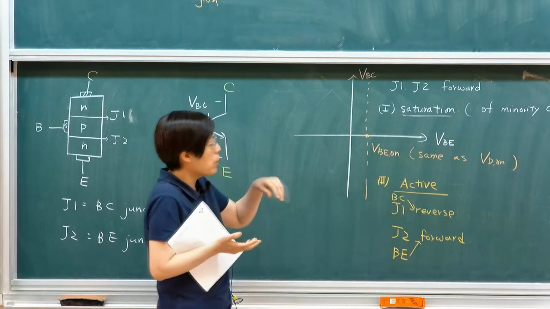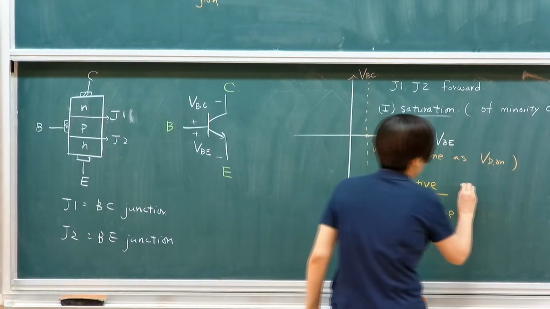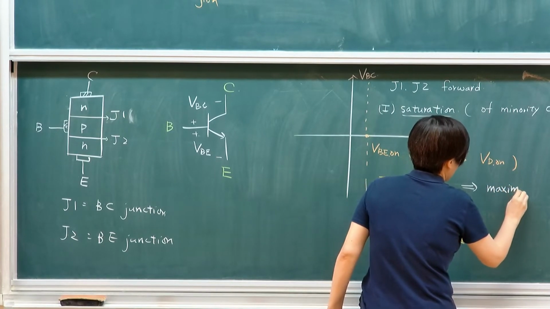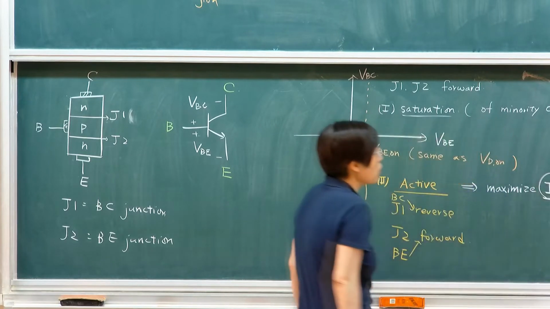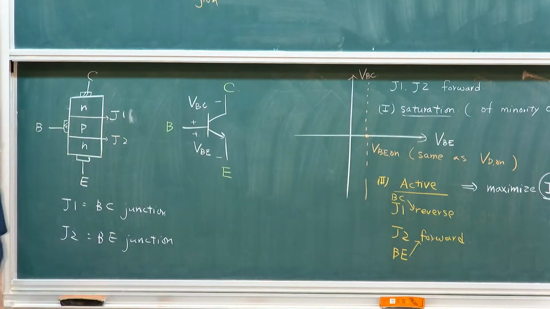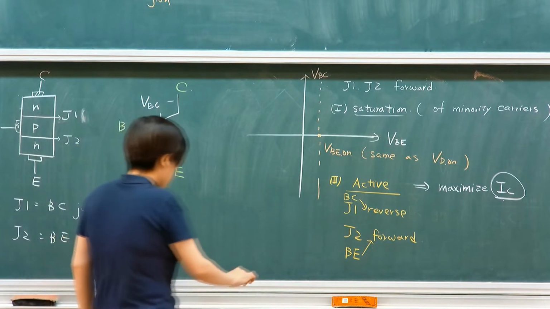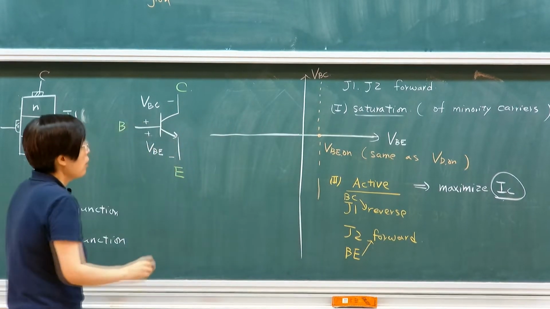So it would then favor the conduction of current. This would then maximize IC. This is actually the one that we want to control. So allow a direction of current flow, favor current coming from one direction, moving to the other. We're going to talk about the detail later, but just to give you a qualitative sense as to what happened.